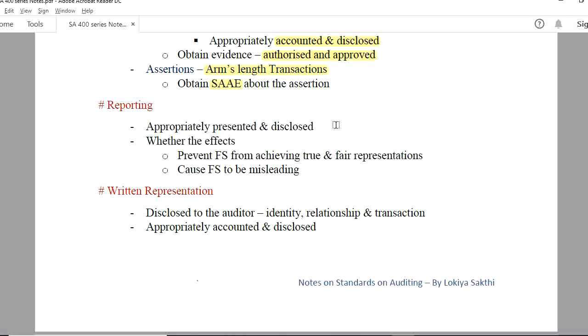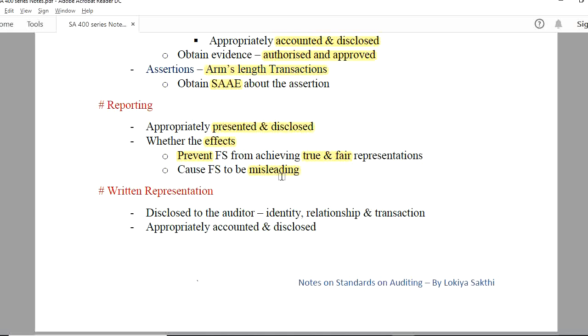In forming an opinion on the financial statements, the auditor shall evaluate whether the identified related party relationships or transactions have been appropriately accounted for and disclosed in accordance with the AFRF. He shall also evaluate the effects of the related party transactions, that is, whether they prevent the financial statements from achieving a true and fair presentation or cause the financial statements to be misleading.